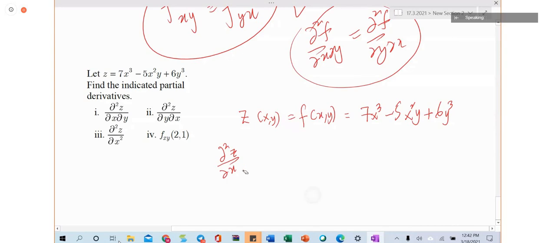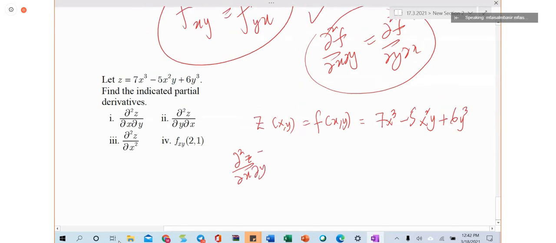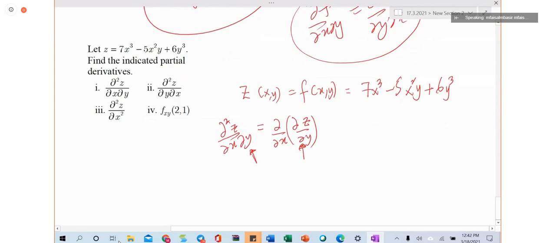As I mentioned to you, this means you have a square, del two times. So it equals del over del x of del z over del y. You have to do the right hand side first.